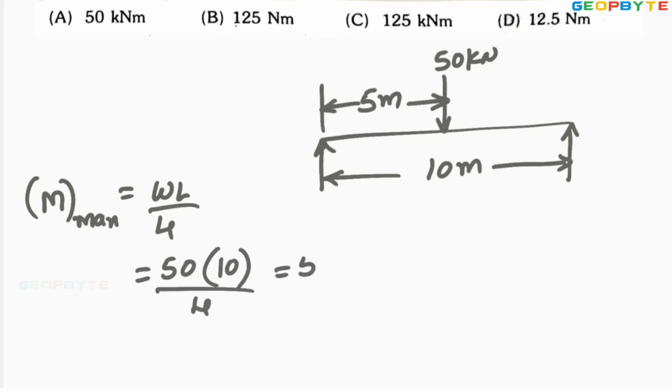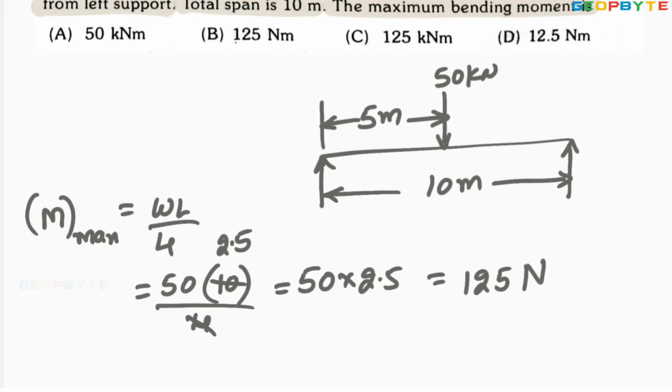It is equal to 50 multiplied by 2.5, which is 125. Since the load is in kilonewtons, it is 125 kilonewton meter.